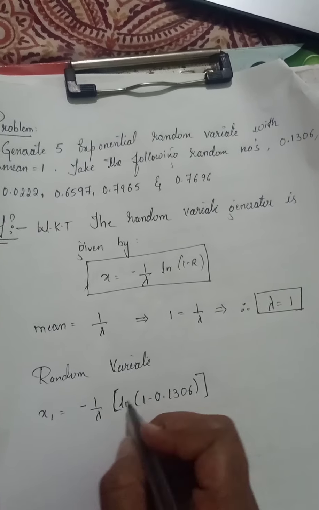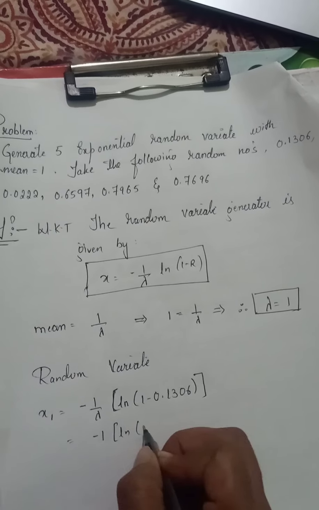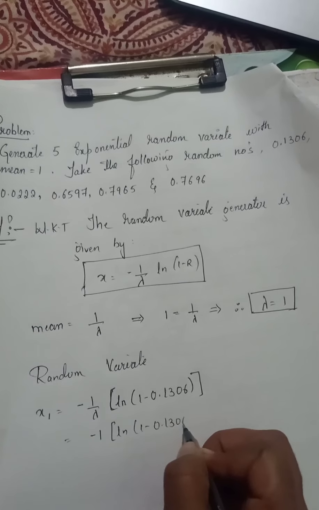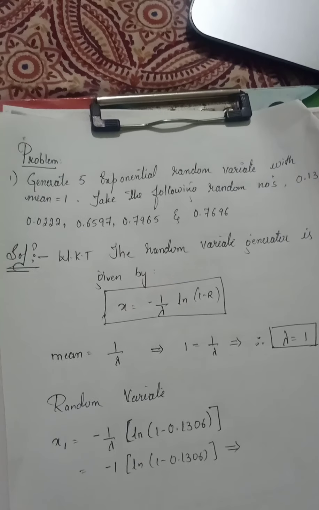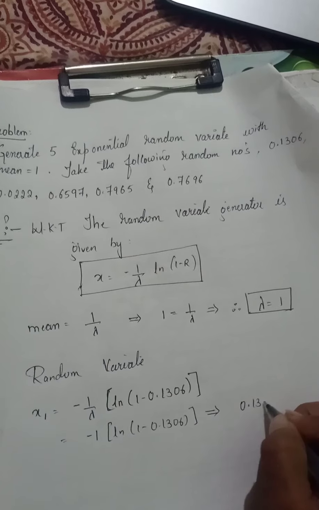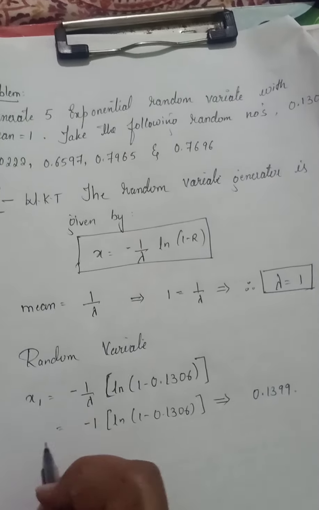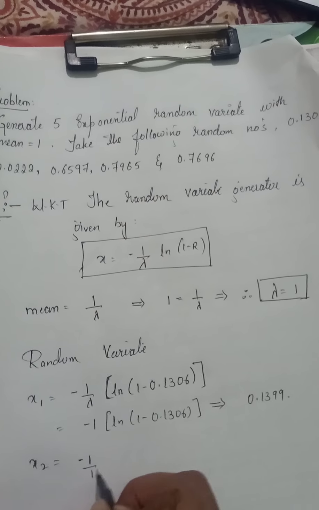Lambda is nothing but 1 here, so minus 1 ln of 1 minus 0.1306. If I solve this, I'll get 0.1399. Clear?